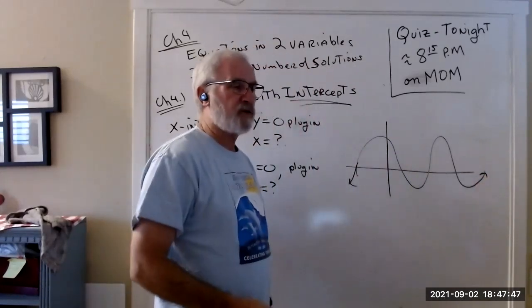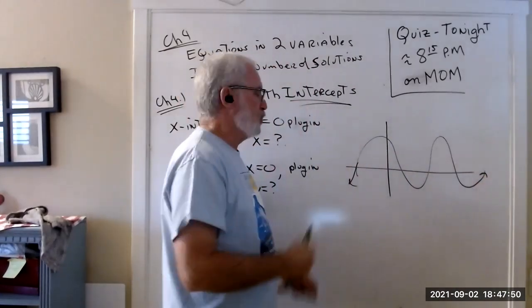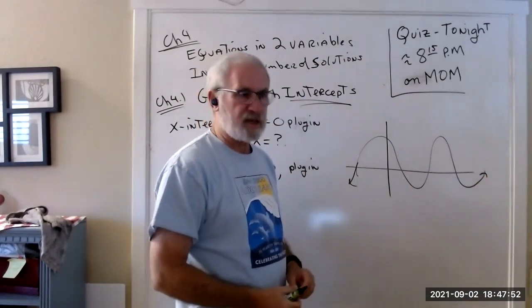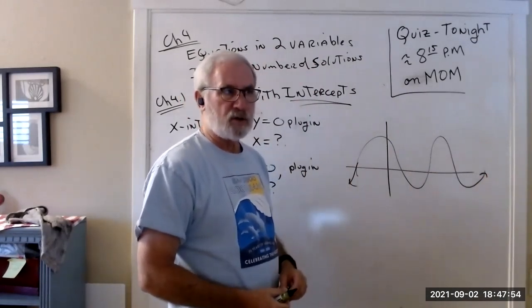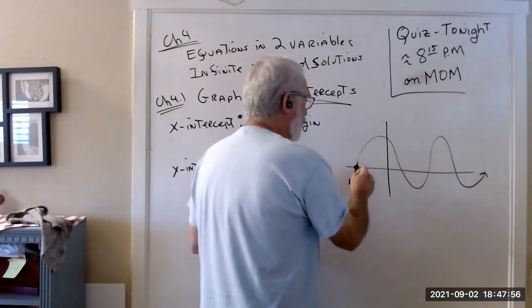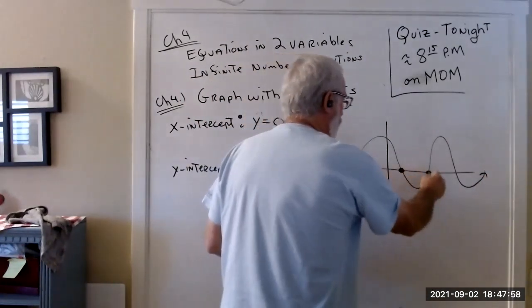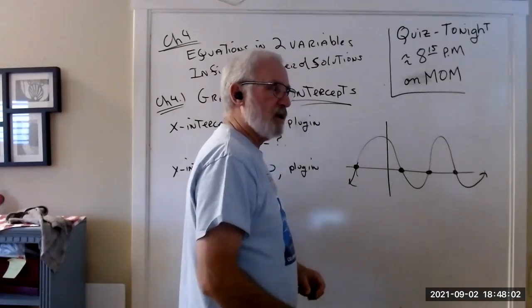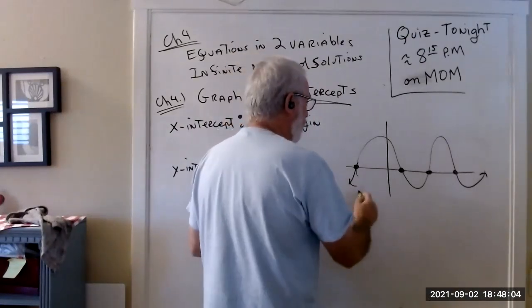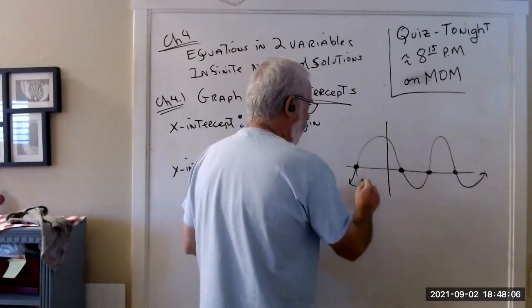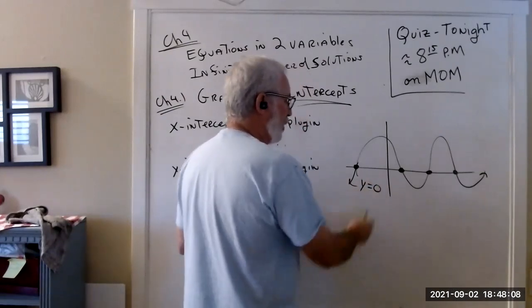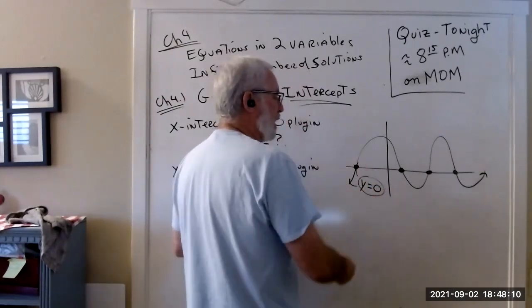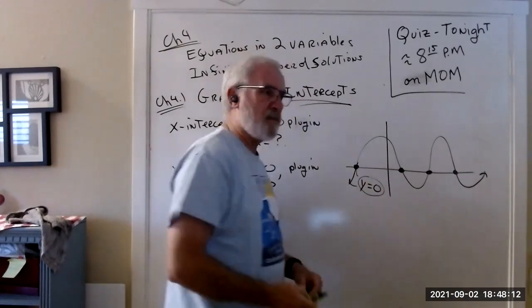And we're going to ask you to find 2 or 3 of the x-intercepts. Even if you don't know how to do it now, those are all called the x-intercept. And how do you find all of them? Well, for all of them, the y value is 0. So you're going to plug it in and do your magic math.